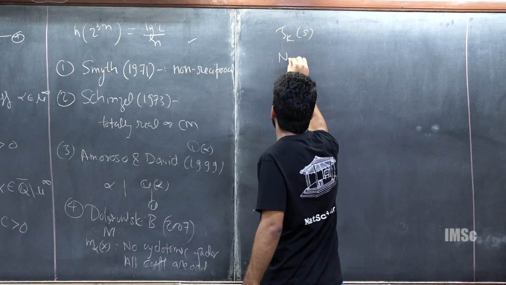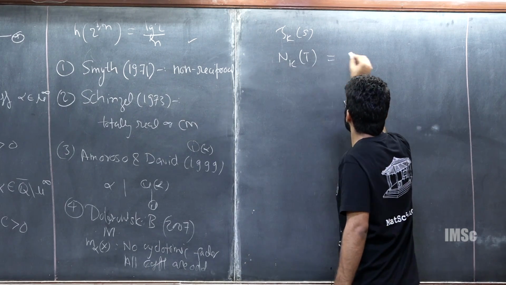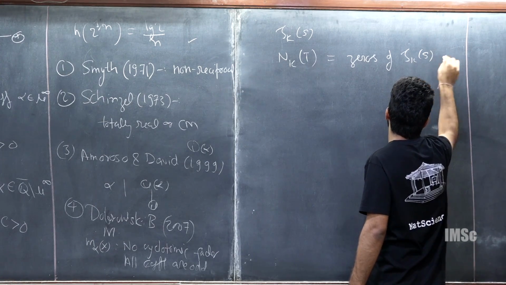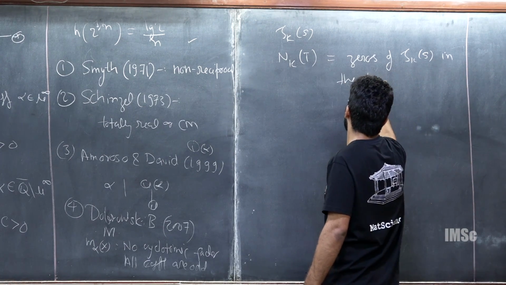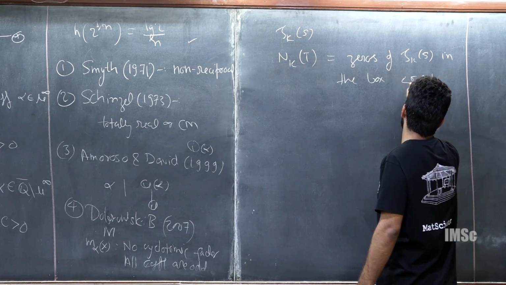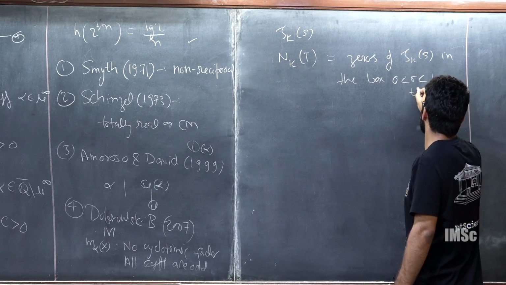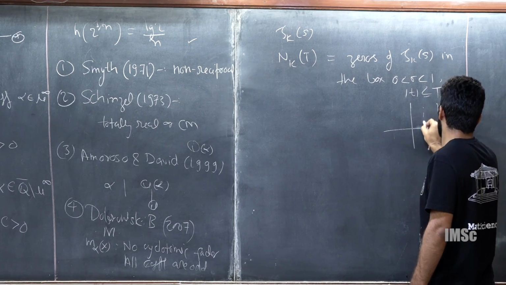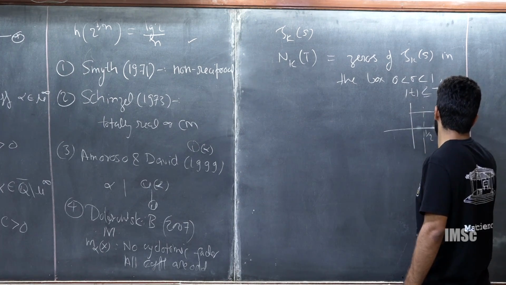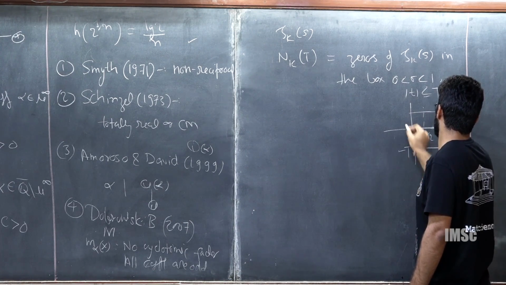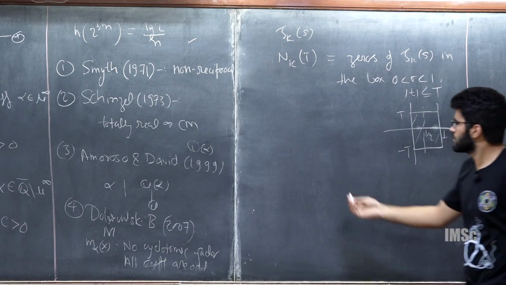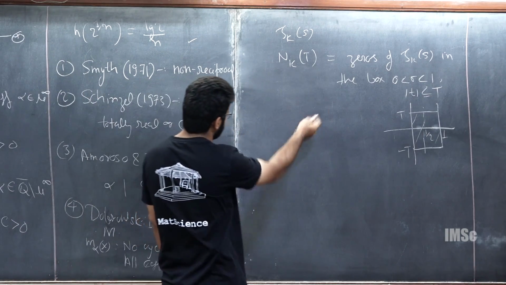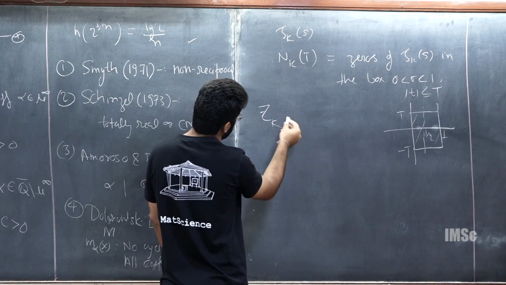Let's define N_k(T) to be the set of all zeros of zeta_k with sigma between 0 and 1 and imaginary part up to T, so basically we are looking at zeros in this box. Then we define some kind of summation supported on the set N_k(T). Let's call it Z_k.